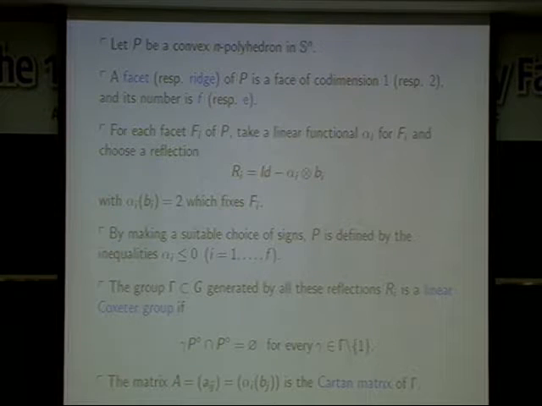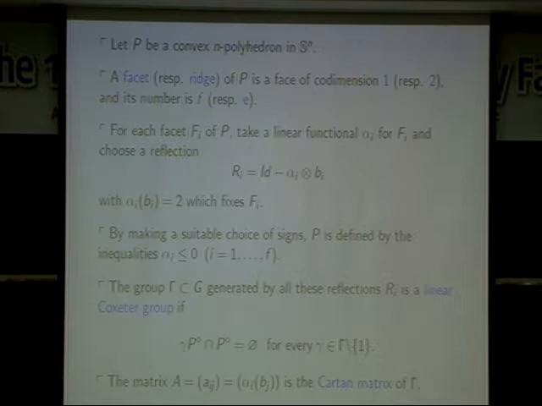Then the group Gamma generated by all these reflections is a linear Coxeter group if the intersection between gamma of the interior of P and the interior of P is empty, for every non-identity element.